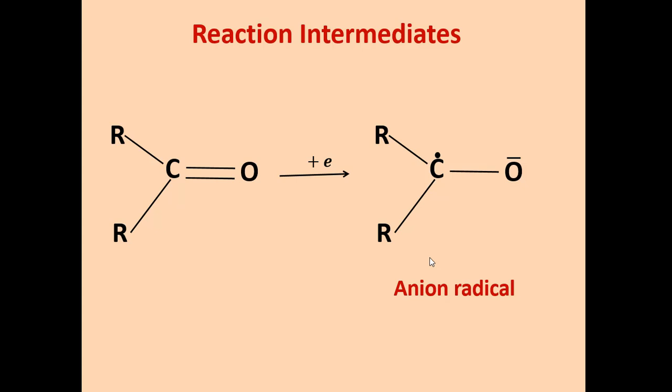Out of these, the carbocation, carbanion, and free radicals with odd electron over carbon are all electron deficient systems. And even the cation radical and anion radical, if you look at the carbon atom, you find only 7 electrons around the carbon atom, and they are also electron deficient in one way.